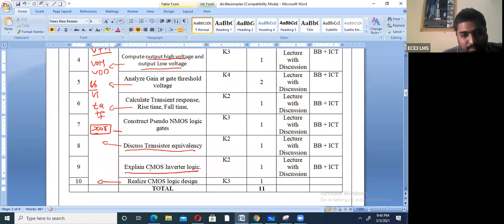In the pull up, multiplication means parallel and addition means series. So this you already learned in VLSI for NAND gate, NOR gate, how to draw using CMOS logic. So you should know CMOS inverter logic. That I will just discuss, that I already gave as an assignment question to you.